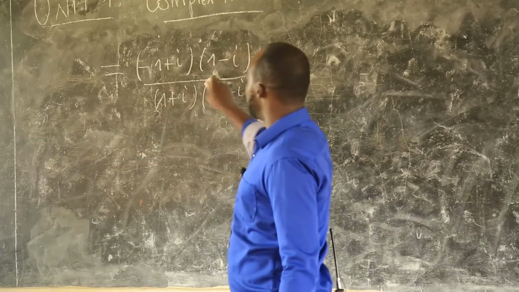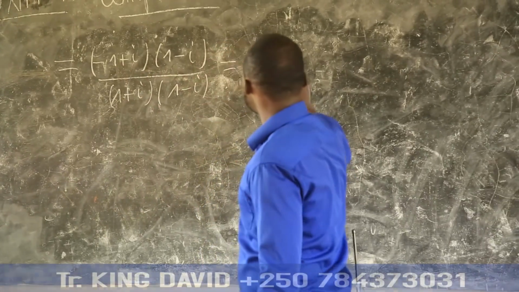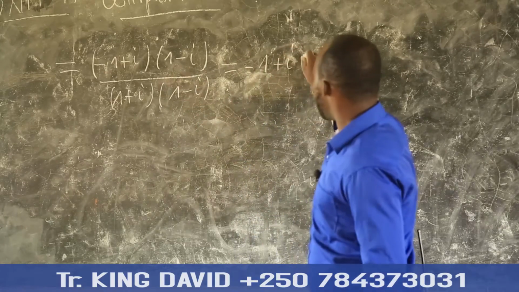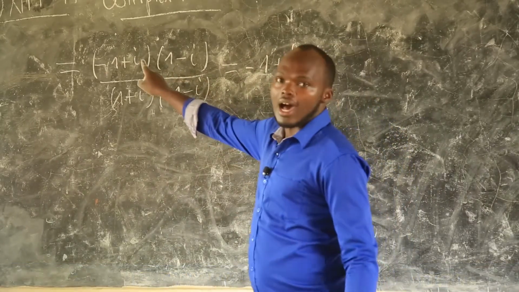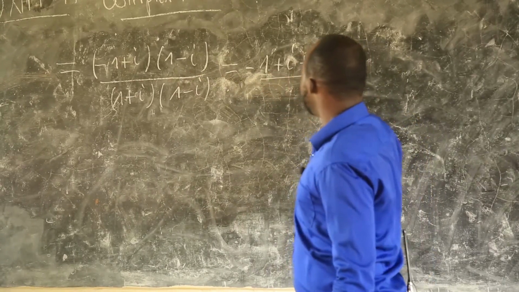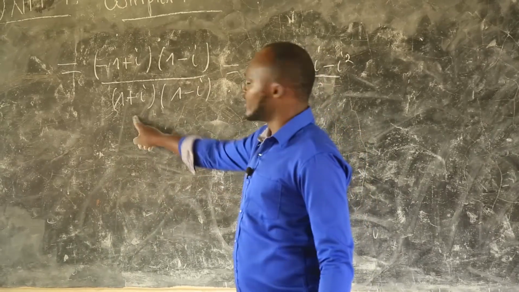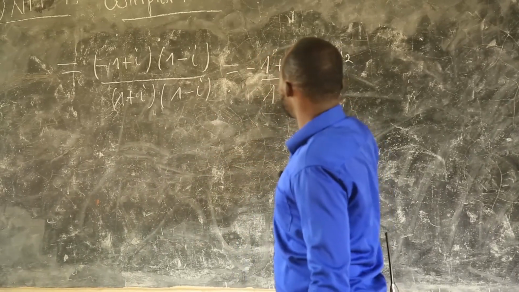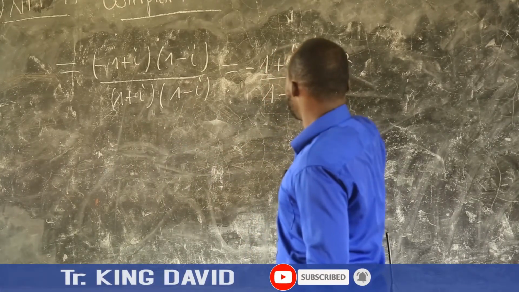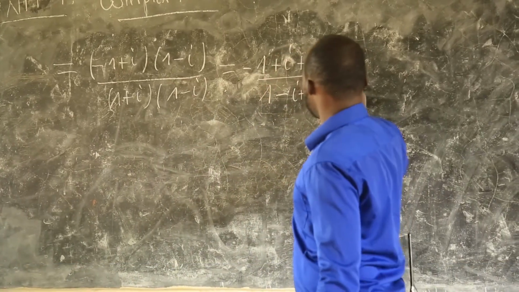Negative 1 times 1, that is negative 1. Negative 1 times negative i, that is positive i. i times 1, that is i. i times negative i, that is negative i squared. Divided by 1 times 1, that is 1. 1 times negative i, that is negative i. i times 1, that is i. Then i times negative i, that is negative i squared.